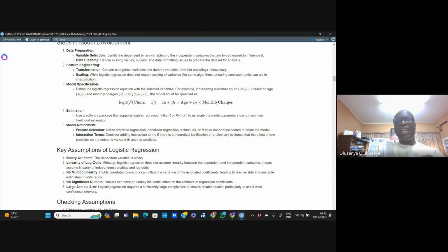Let's say you have another model, beta naught plus beta 1 times age, but you don't have monthly charges. That's another model. You can now compare the pseudo R-square of these two. The one with the highest pseudo R-square will be preferred. That's the usefulness of those pseudo R-squares. I hope I'm clear.